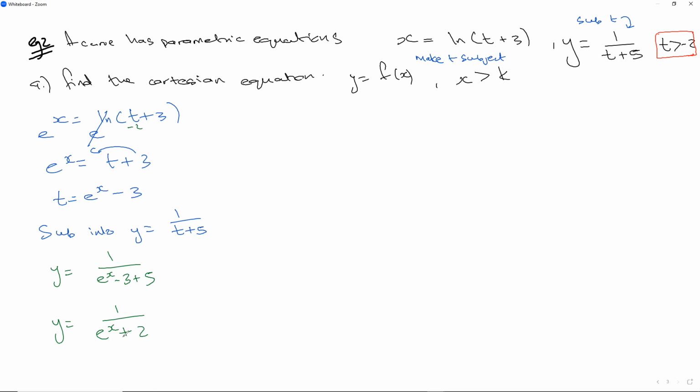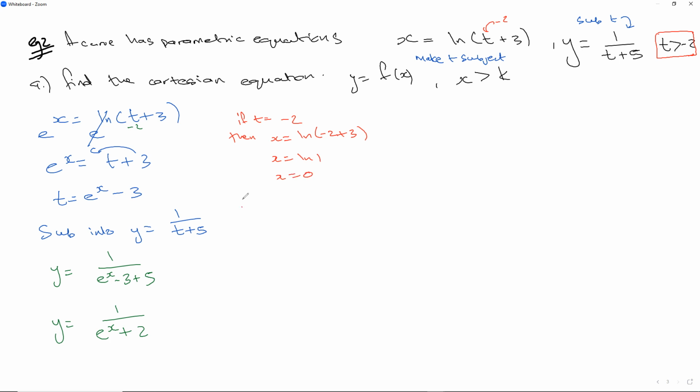So even though we have the function, we now need to identify how this will affect x. If t is greater than negative 2, and I substitute negative 2 into this function over here, x will equal ln of negative 2 plus 3, which will equal ln 1. So x will equal 0.